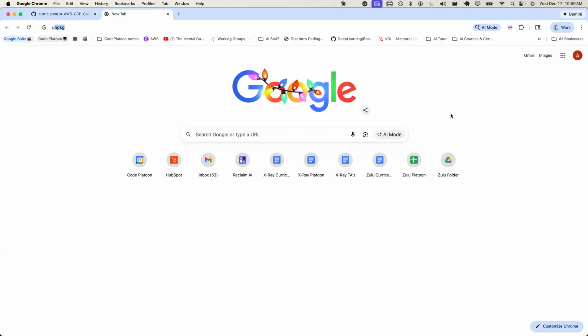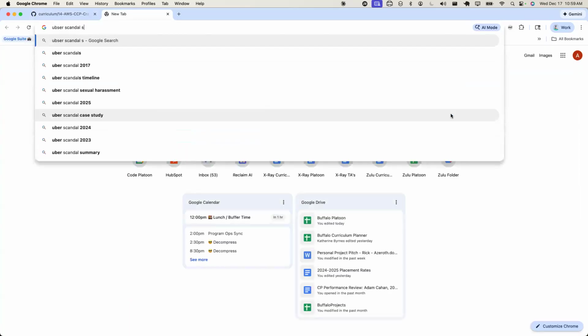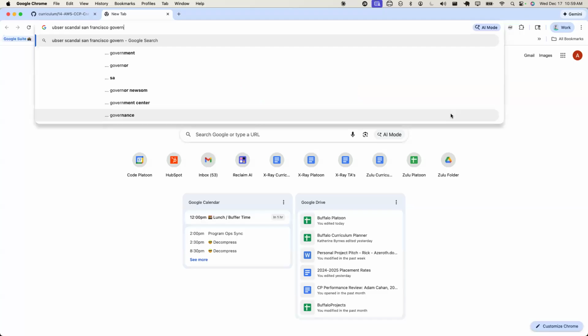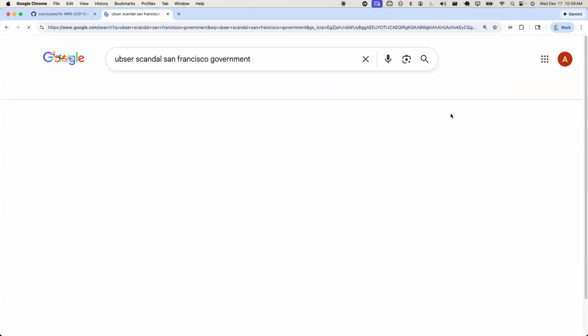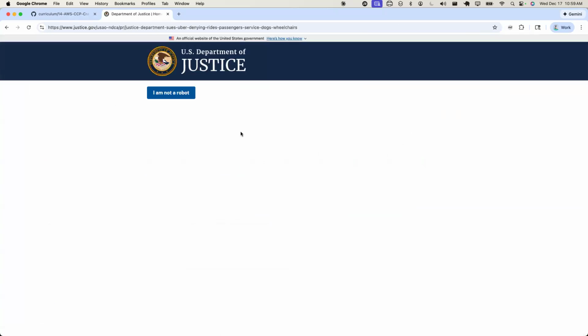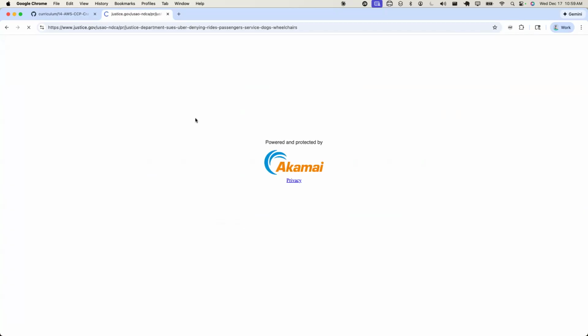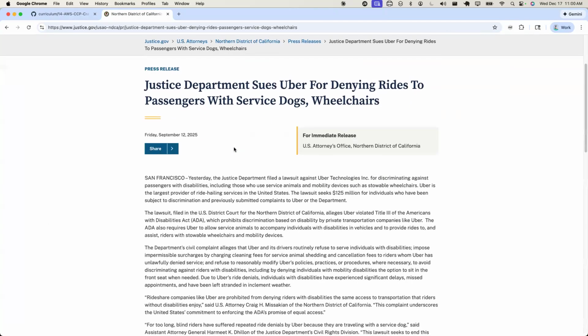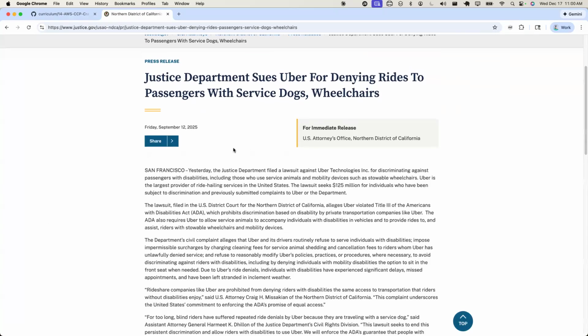Let's go. Uber scandal, San Francisco government. There were a bunch, but one of my favorites was, let's see here. We'll give it a second to load. This one.